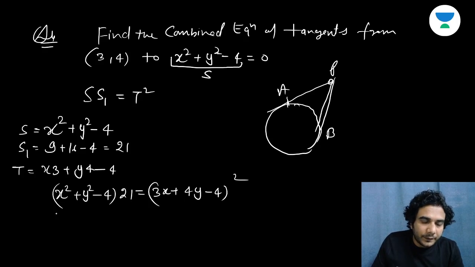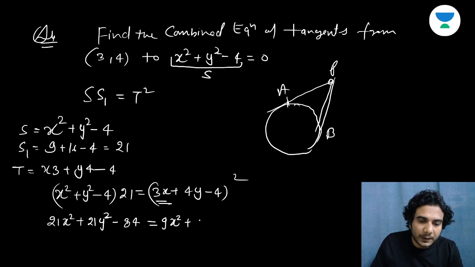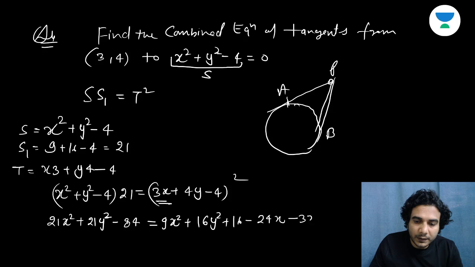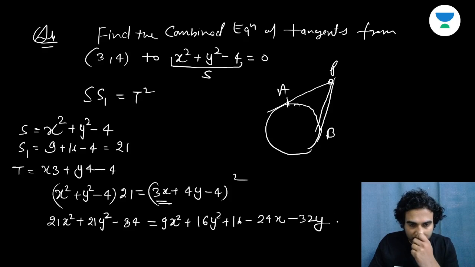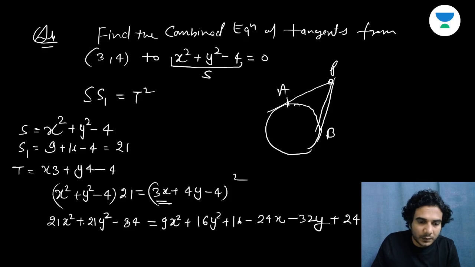All right. If you open it, it is 21x square plus 21y square minus 84 is equal to 9x square plus 16y square plus 16 minus 24x minus 32y, plus the cross term 24xy. Okay.